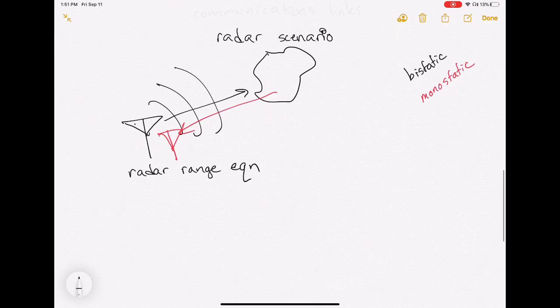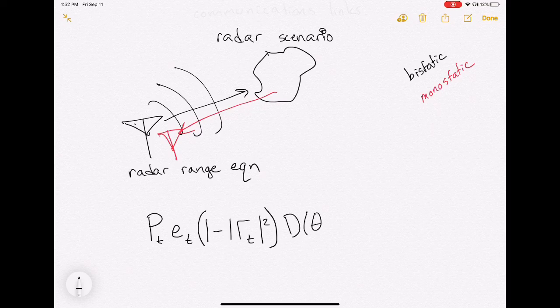First of all, the incident power on the target is going to depend on the transmitter power, the transmit antenna efficiency, the transmit antenna matching efficiency, and the transmit antenna directivity, and the distance to the target.